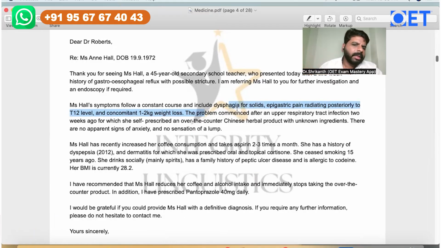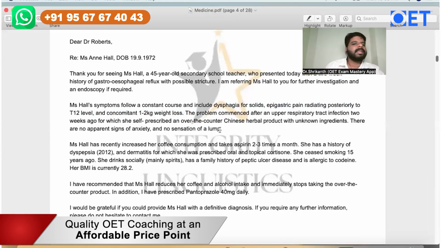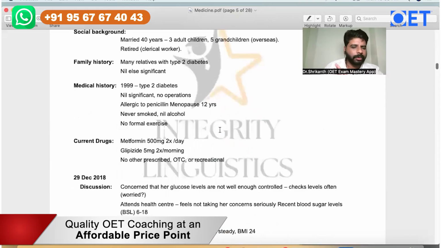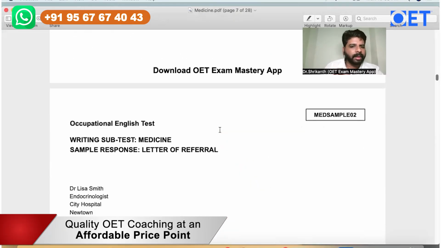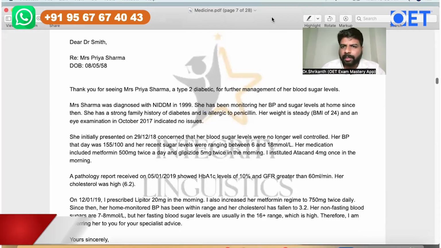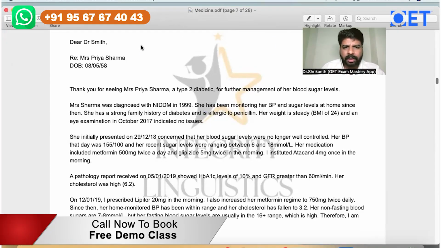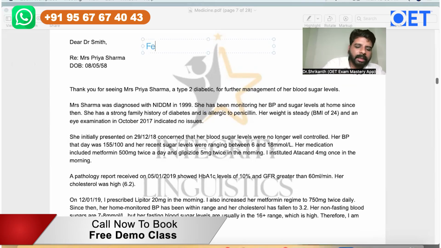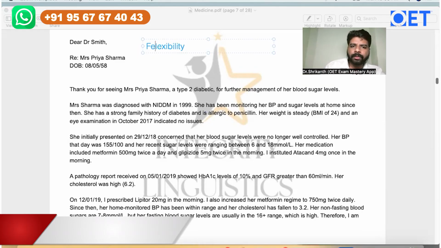Then the other thing I want to say is read the sample letters. For every single case note, you can see there are a lot of sample letters over here. The reason why I'm telling you to read the sample letters is to make you understand the importance of flexibility. Flexibility basically means the opposite of rigidity.